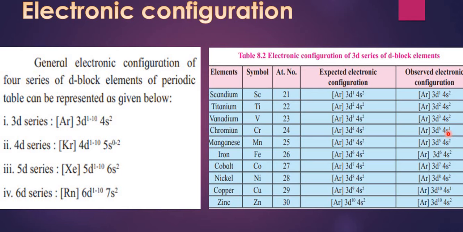This is the observed electronic configuration of chromium. Similarly, in the case of copper, the same thing happens. One electron from 4s will come into 3d and make its observed electronic configuration 3d10 4s1. So these two electronic configurations should certainly be there in your mind.